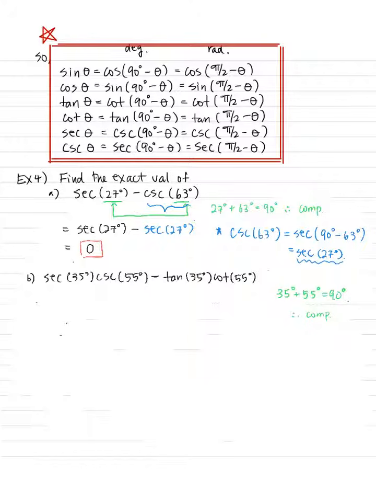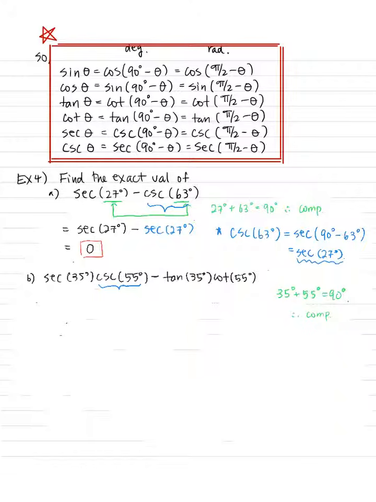All right, so with that said, it doesn't really matter which one you're going to convert, but I'm going to keep that first secant of 35 degrees, and then let's use the theorem to convert the cosecant of 55 degrees in terms of cofunction: the cofunction of cosecant is secant.